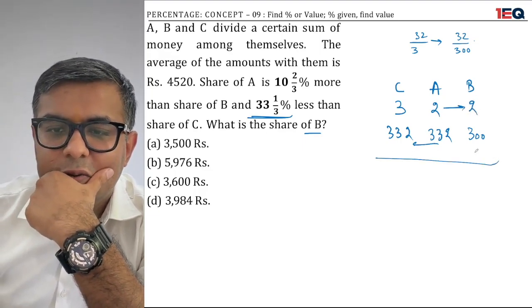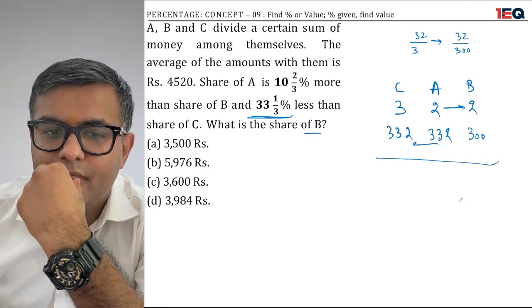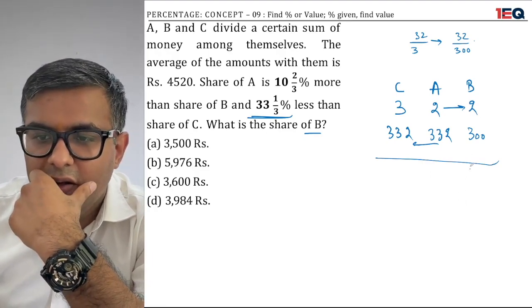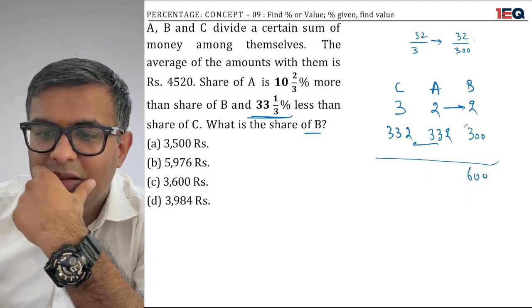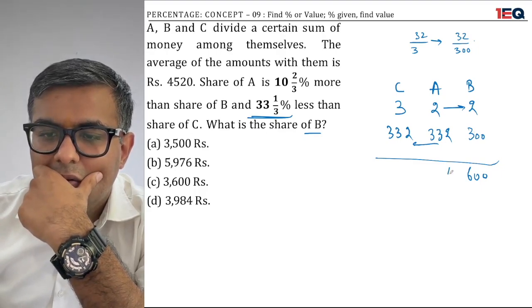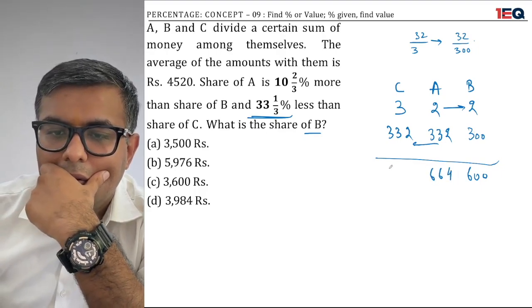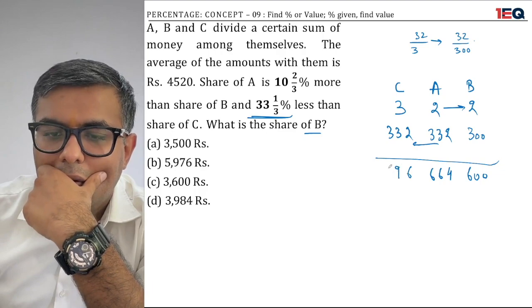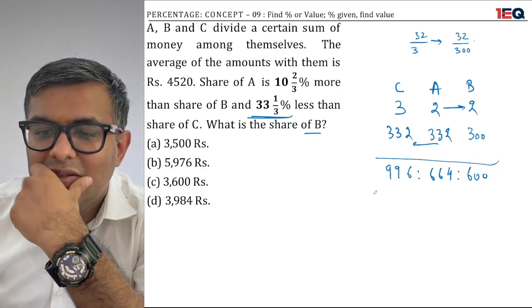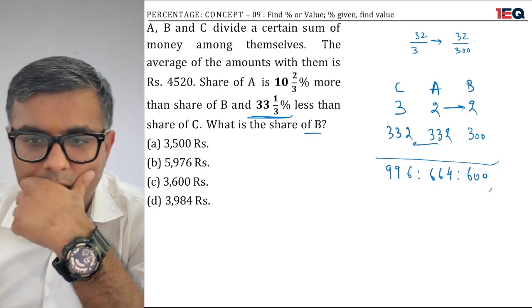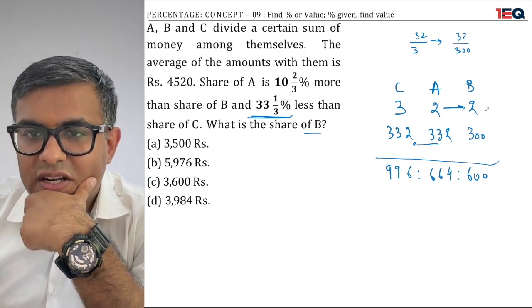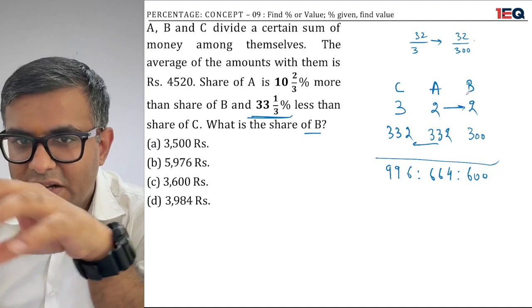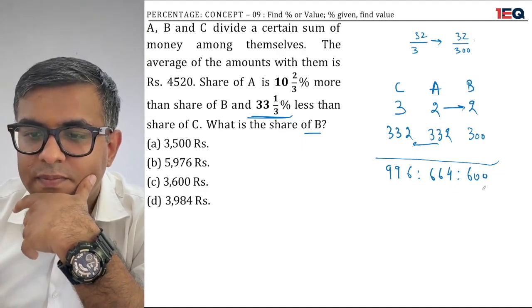So this is the ratio between A, B, and C. Got it? I have to multiply them. This is the ratio that comes out. If you want me to explain it, I'll explain it as soon as I finish off the question first.